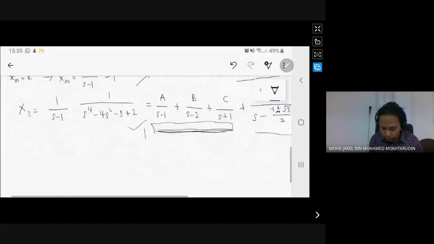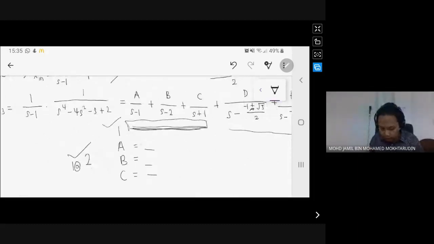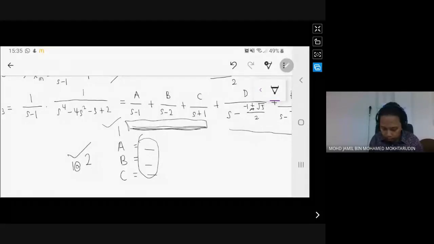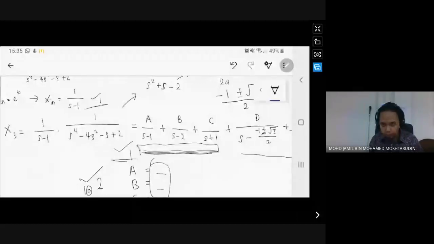And then if you attempt to calculate A, B, and C, if you manage to calculate A, B, C, I give you 2 more marks, 1 or 2. Some of you don't calculate at all. So I give you 2 marks from this and marks from separating the fractions.